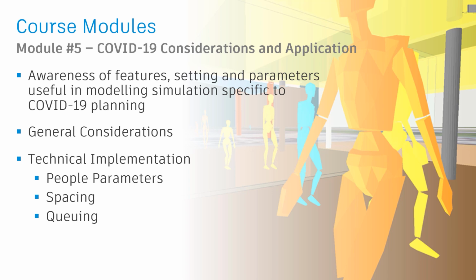So there'll be some general considerations that we'll talk about, and then we'll also talk about how we can implement some of those considerations on a technical basis inside the software by using the various people parameters and spacings and queuing systems.